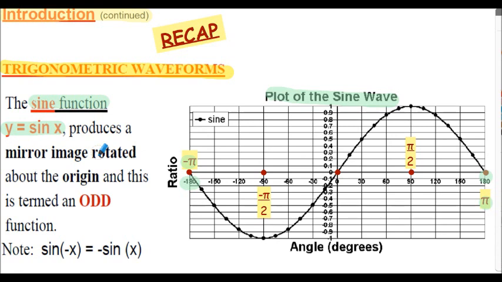And we can see that the y is equal to sine x function produces a mirror image when rotated about the origin, shown here. Imagine rotating the waveform through 180 degrees about the origin, you will form the same shape. And this characteristic is termed an odd function. In other words, sine of negative x is equal to negative sine x.